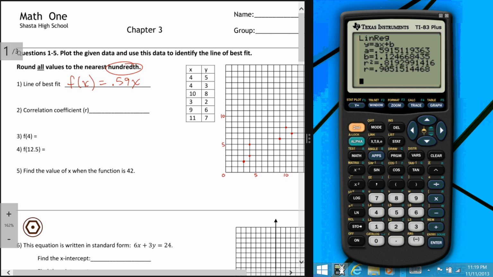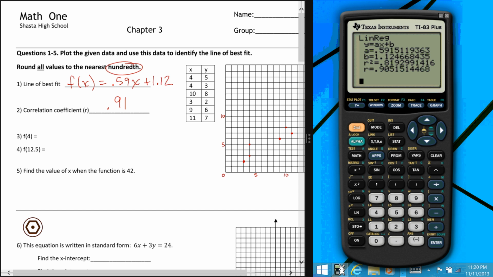And then to that, I'm going to be adding, rounding to the nearest hundredth, 1.12. It doesn't quite make it to the 3, so plus 1.12. The correlation coefficient we can see on the screen here, rounding to the nearest hundredth, R is 0.91. So you can see it's a very small data set, but a strong correlation coefficient.